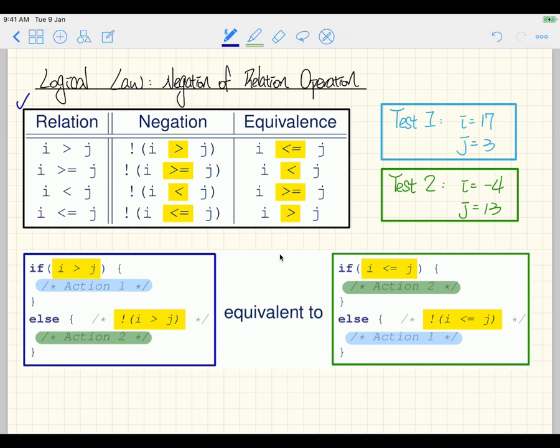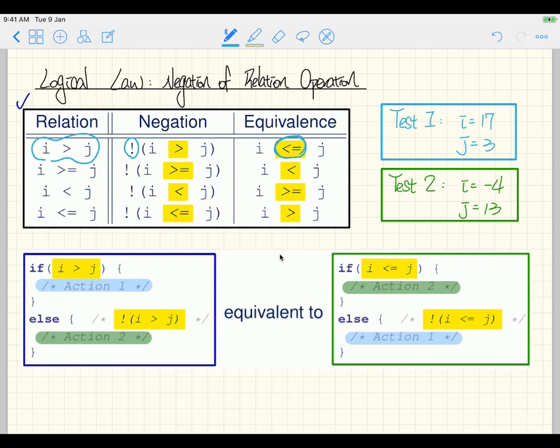For example, let's say I'm given a relation which is i is strictly larger than j. What does it really mean when I apply the negation to it? It is not the case that i is strictly larger than j. It is equivalent to saying i is less than or equal to j.